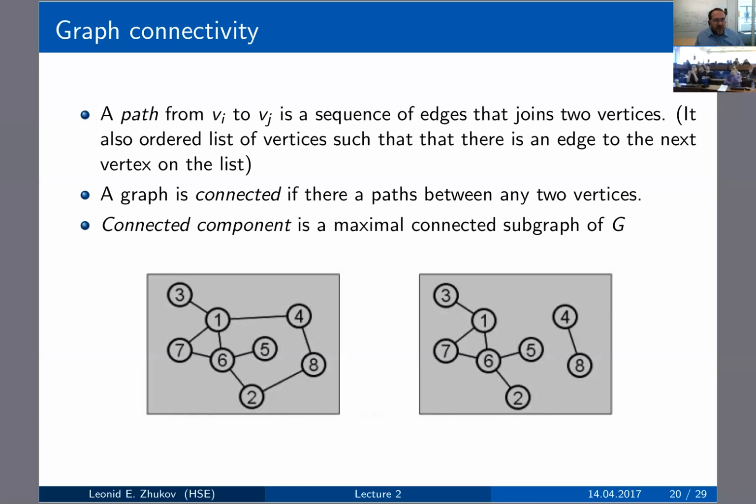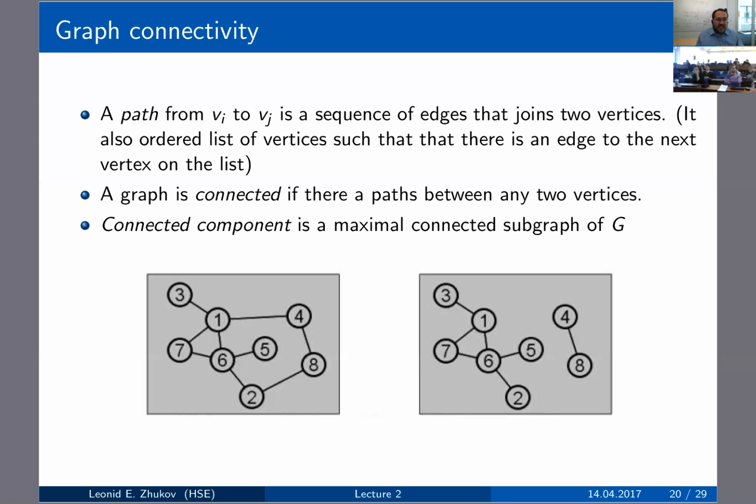The second property we're going to address is the connectivity of the graph. Connectivity means you can get from point A to point B in the graph. Think about going around the city in public transportation, changing buses and how far you can get. That's the notion.